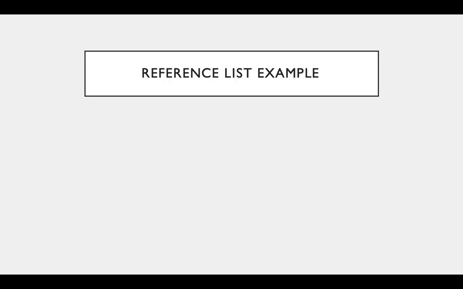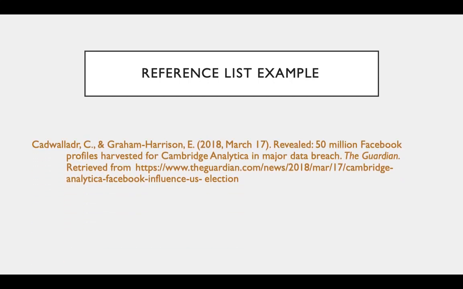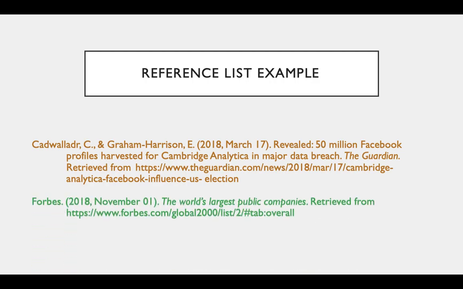Okay, let's have a look at two examples. So here's one from an online newspaper source, and here's another from a company website. And in this video, this is all we'll focus on, basically online sources, because I believe this is mainly what you're going to use in your report.